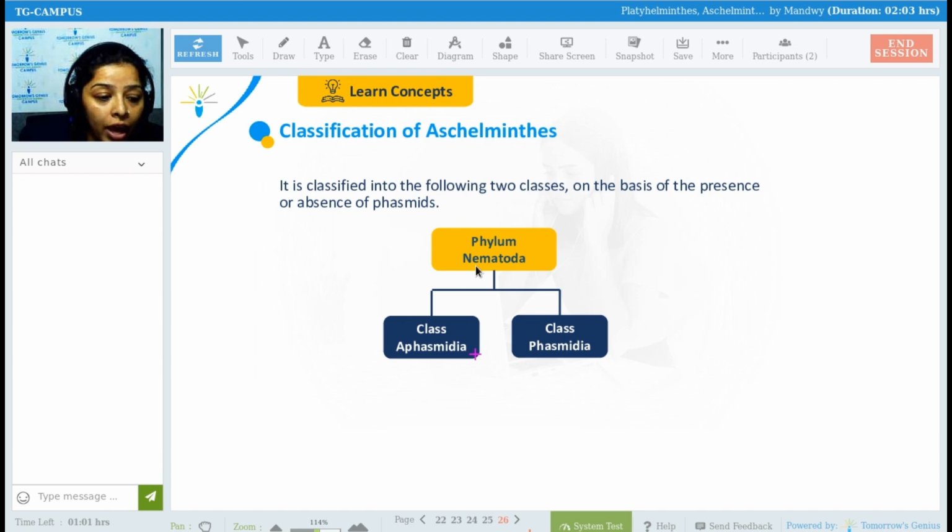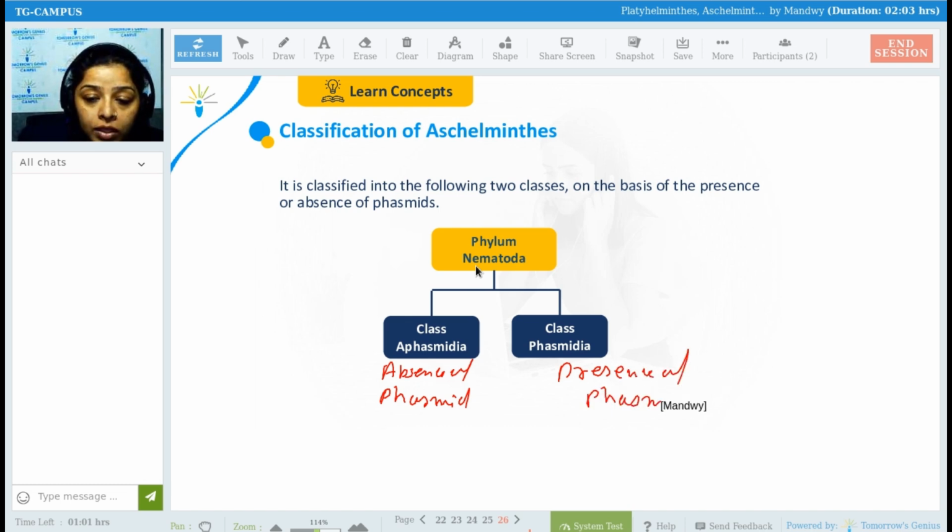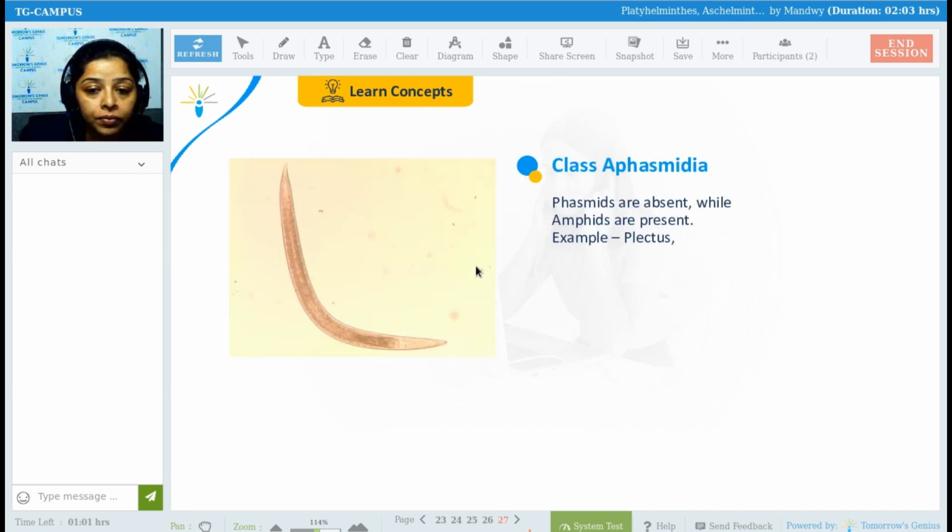Aphasmidia means phasmid is not there, and Phasmidia means phasmid is there. Absence of phasmid, and this one is presence of phasmid. Okay, so in Aphasmidia, phasmid is absent, while in Phasmidia it is present.